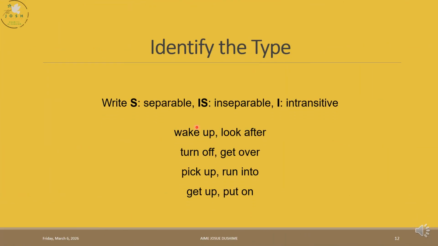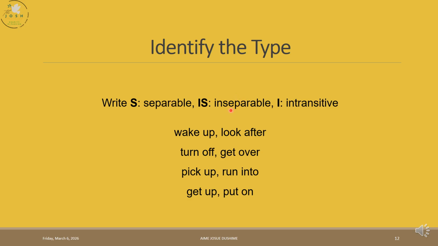Here you're going to identify the type. You're going to tell me if this is separable. S is for separable, IS is for inseparable, I is for intransitive. Remember, when I say separable and inseparable, they are classified as transitive phrasal verbs. The two main types that we have are transitive and intransitive. So when you say transitive separable, it means they need an object, but you can put the object in the middle of the verb and the particle.